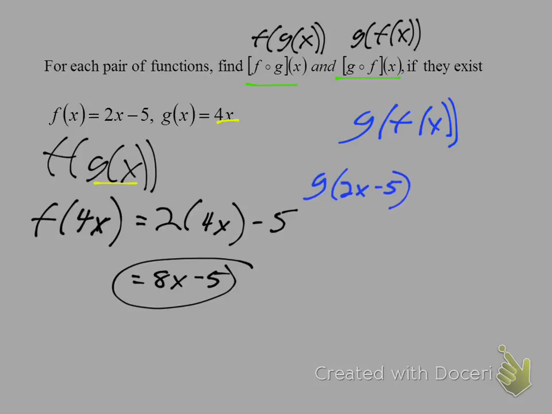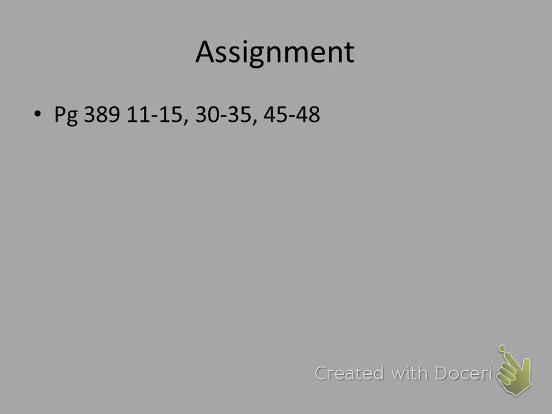And g is 4x, so we replace x this time with 2x minus 5. See how they're different? The only thing you have to do here is distribute. So 8x minus 20.